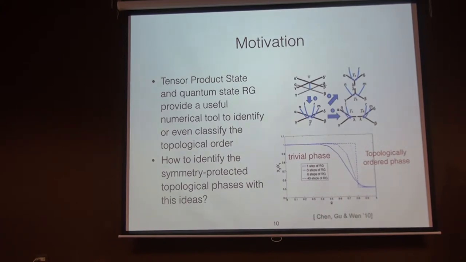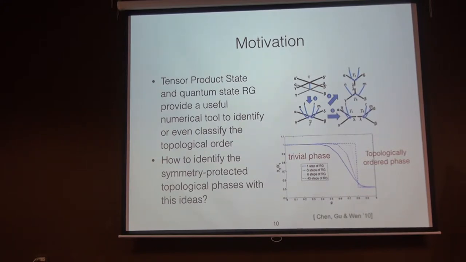Here I will just quickly show you the method proposed by Xie Chen. They start from some wave function, represented by the tensor product state, and they do the quantum state RG to remove the short-range entanglement and flow it to the fixed point.